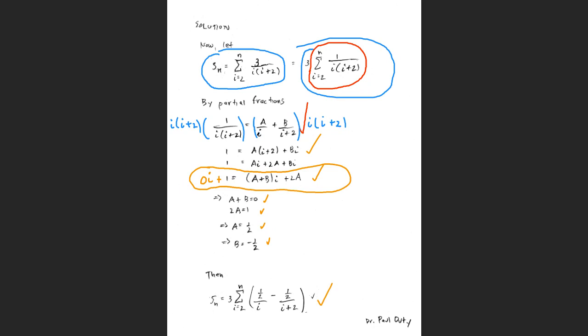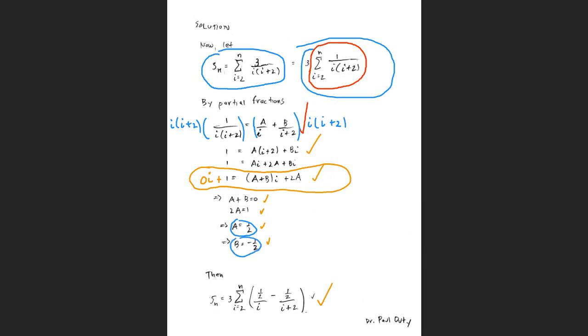Let me give you a moment to catch up. Please let me know if you have any questions. Why do we have a minus at the end? It is A plus B. That's right. But A equals a half and B equals negative a half.